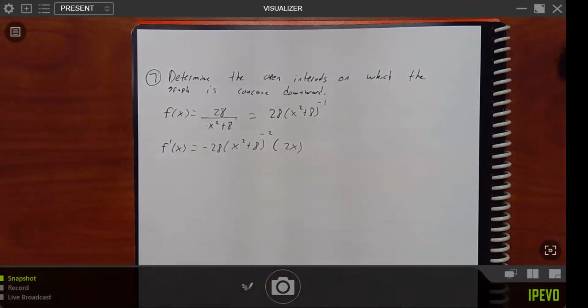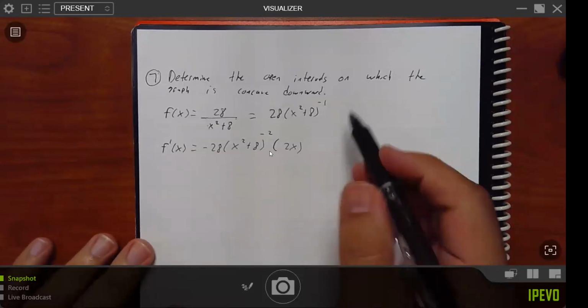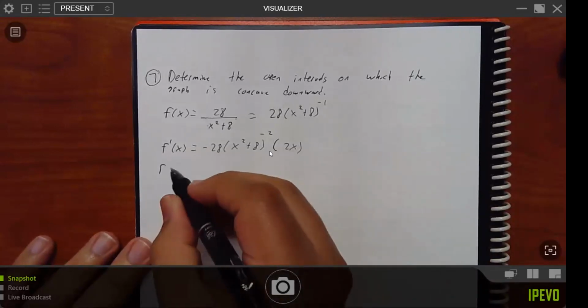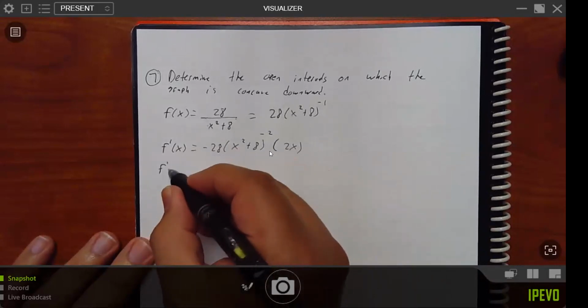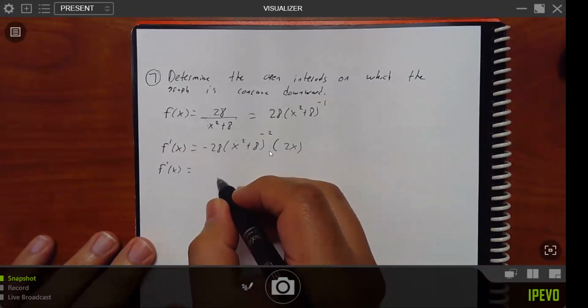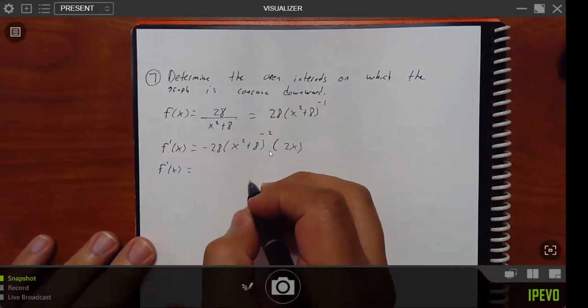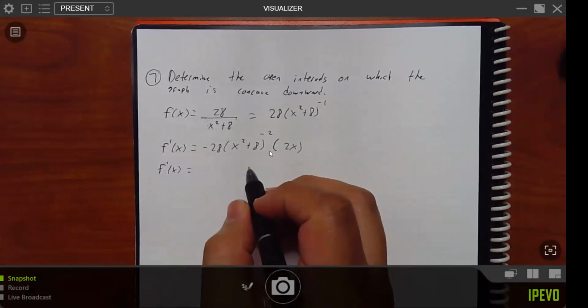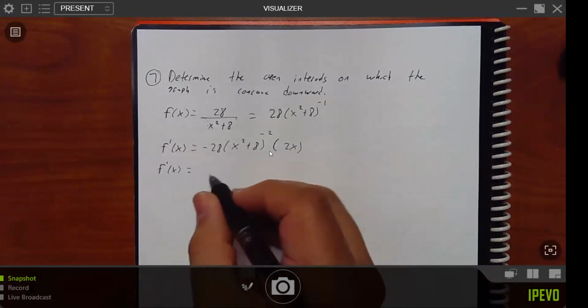So doing a second derivative would require a product rule here instead of a quotient, because I changed it. But let me go ahead and write that a little prettier before I do it. So 2 times 28. That would be what, 56, right?